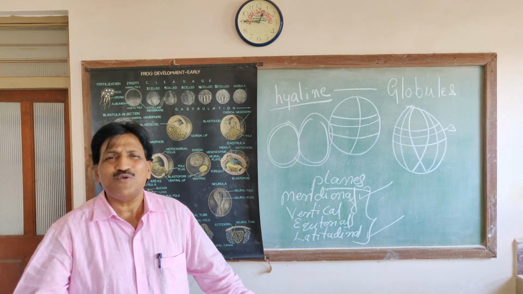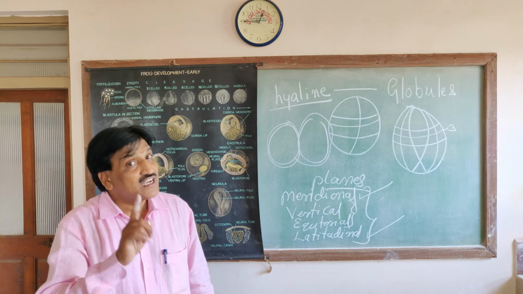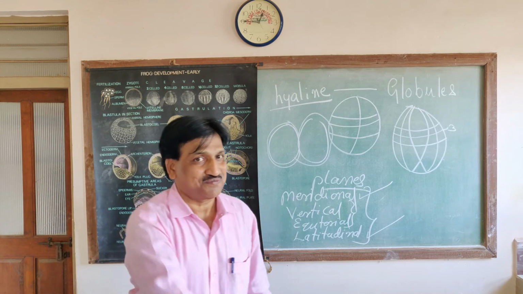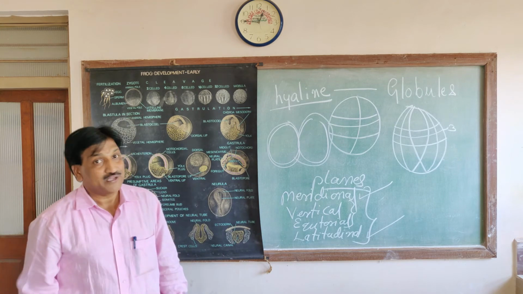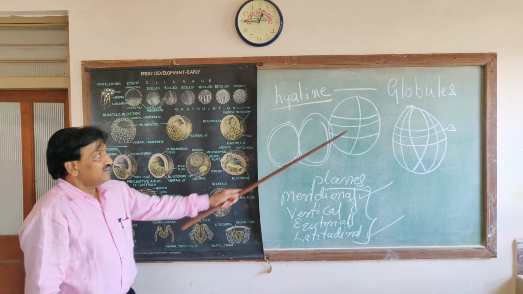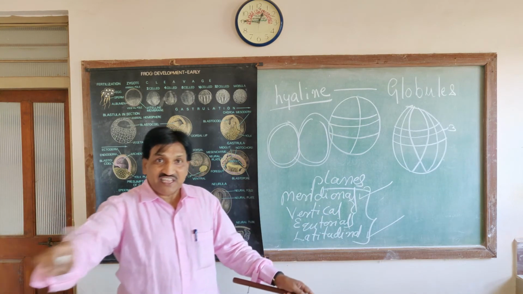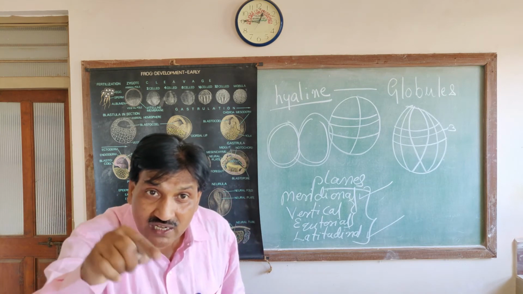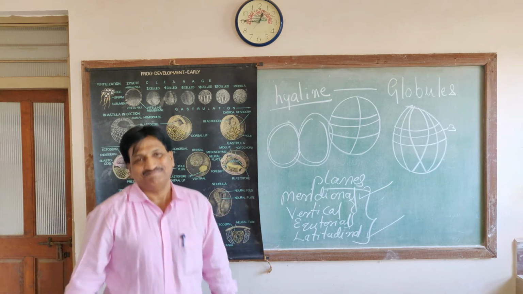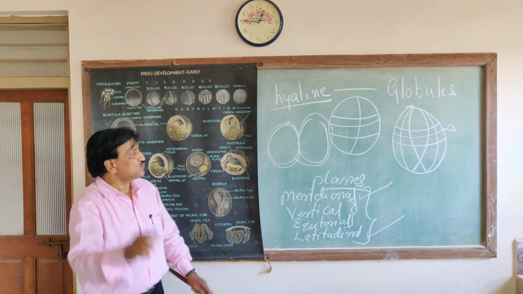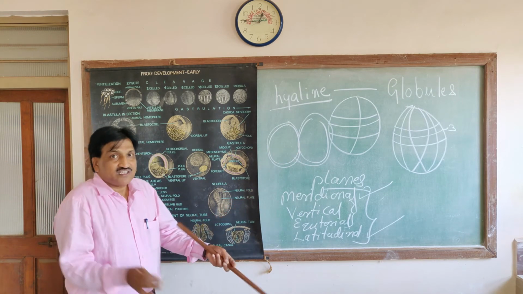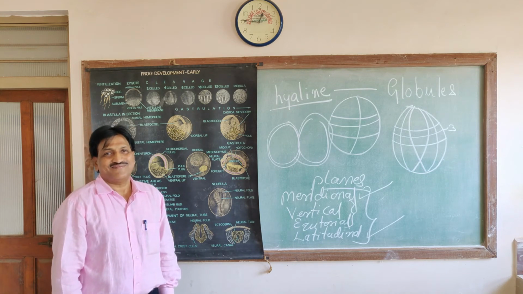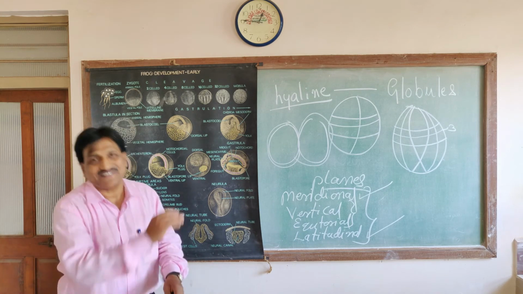So what is a globulus? It is a component of the cortical granules. Remember, the globulus is nothing but a component of the cortical granule. That is why the blastomeres stay intact with each other.